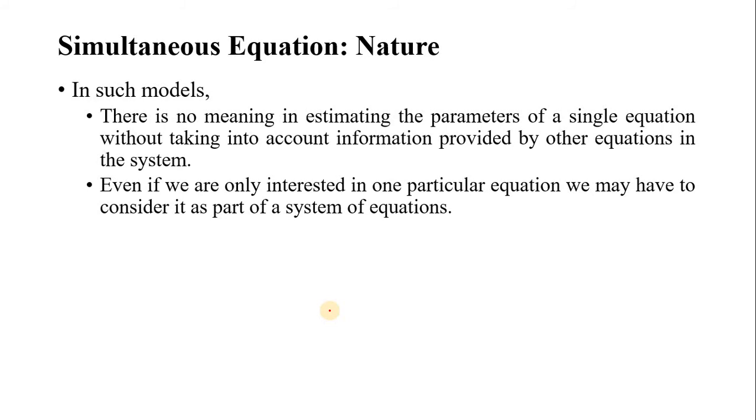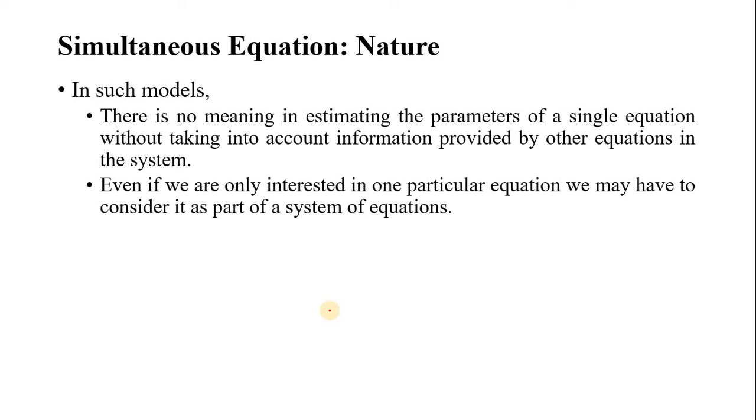Now, what is the problem with this model? In this type of simultaneous equation model, we cannot estimate the parameters of a single equation without taking into account the information provided in the second equation. We have two equations.